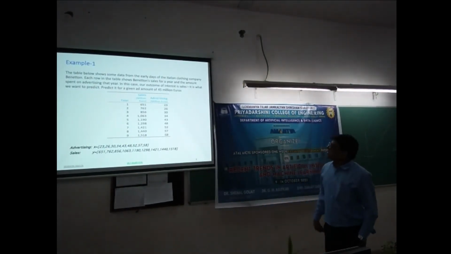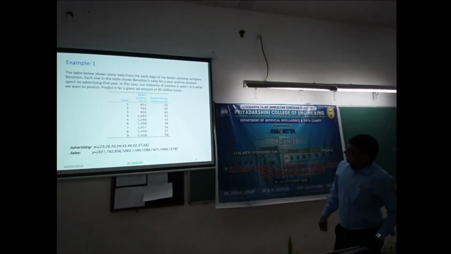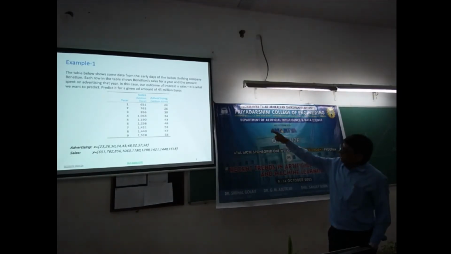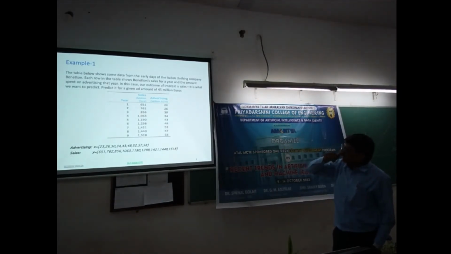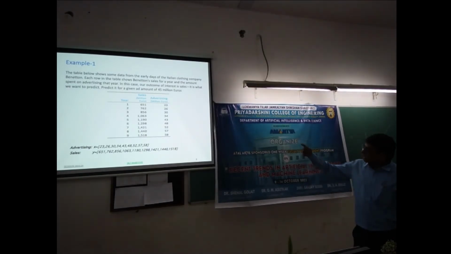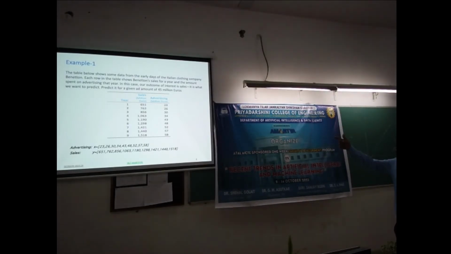This is one more example. It is about some companies: the first column shows the year, the second column shows how much sale was done for a particular product in million euros, and the third column shows how many millions you have spent on advertisement.